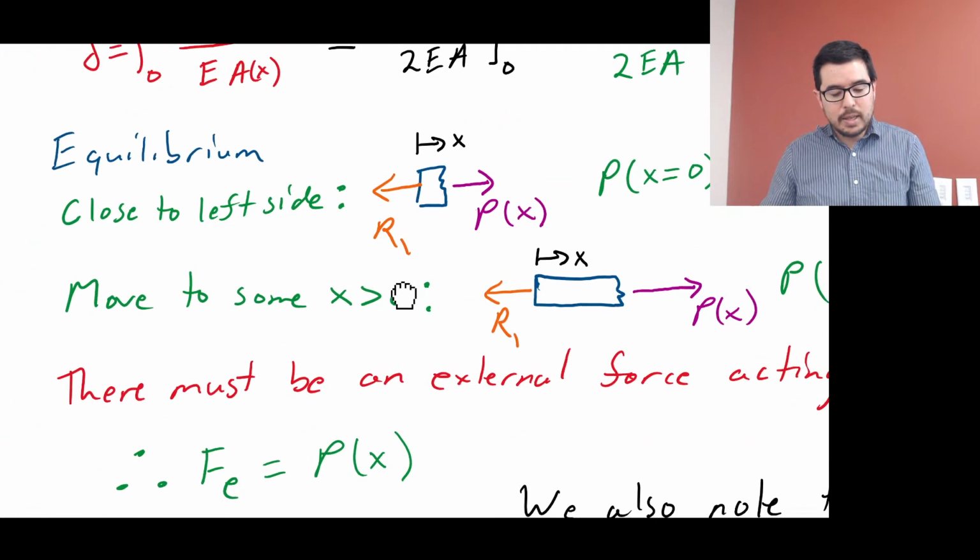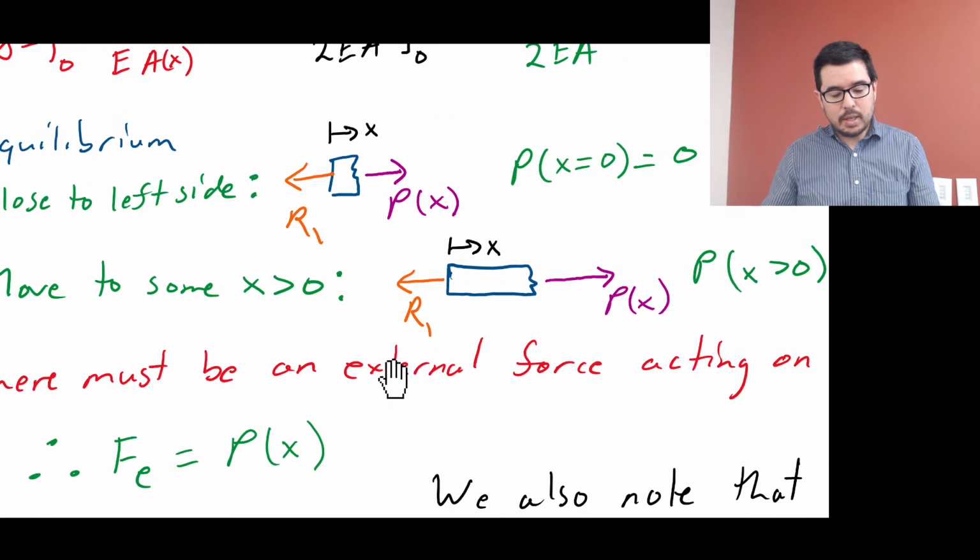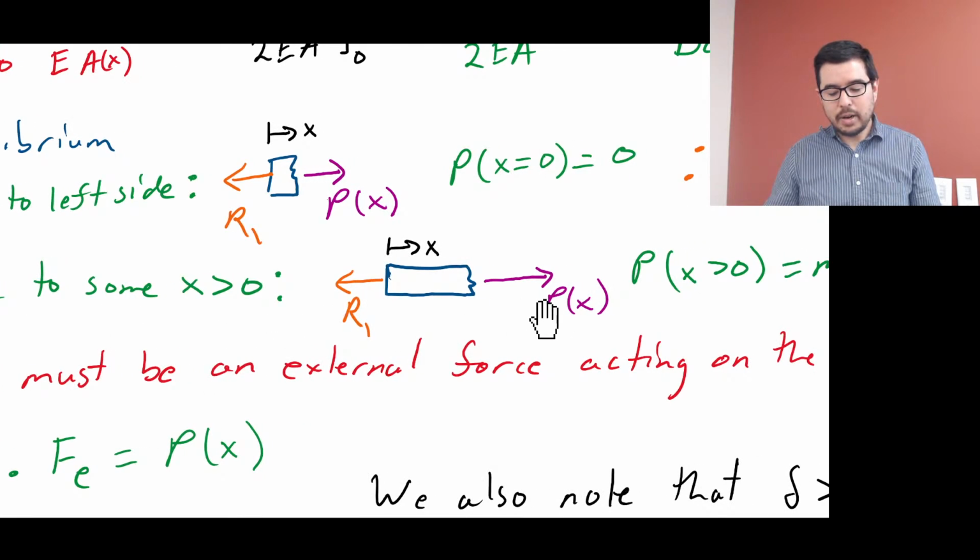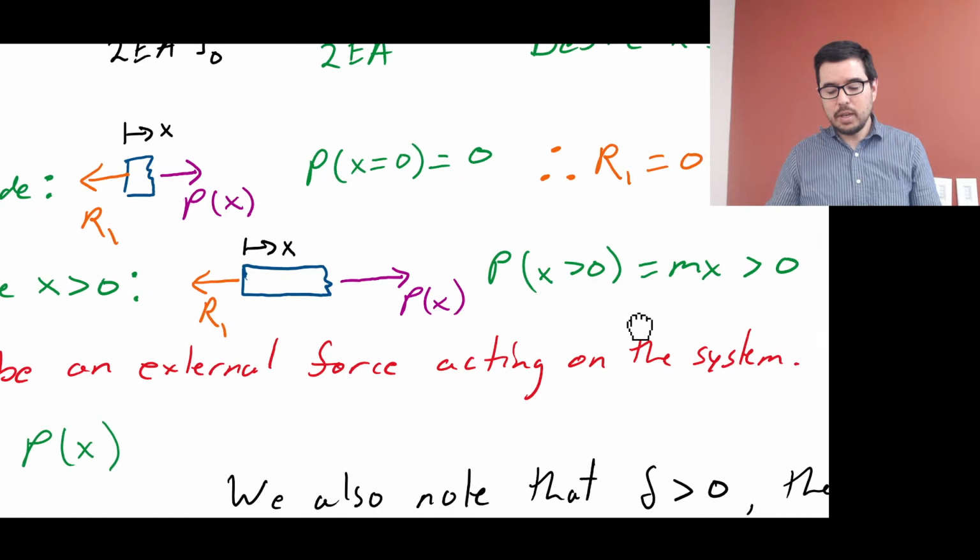If I go to some x greater than 0, then what does R1 have to be equal to? R1 has to now be equal to P of x, which is greater than 0. That's equal to mx, also greater than 0. But wait a second.